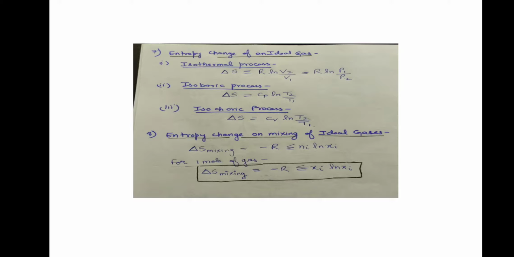And if you want to calculate it for 1 mole of a gas, then delta S mixing will be equals to minus of R, and the formula will be divided by the total number of moles. So it will become minus of R summation Xi ln Xi. Now the formula is completely in terms of mole fraction. Now let us do the numericals based on the formulas.